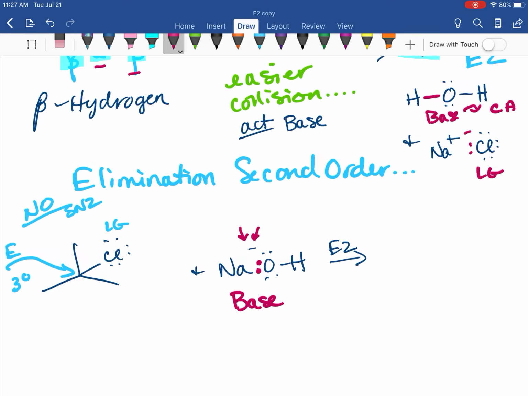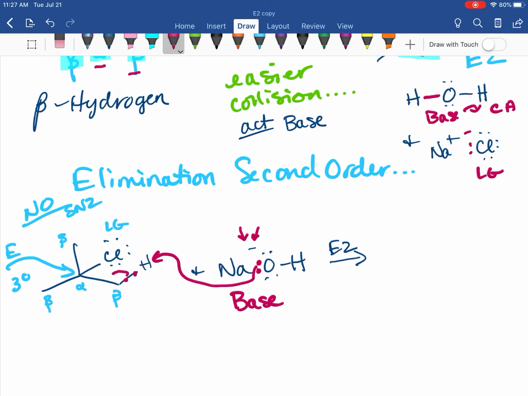So what do I do next? I have to find beta hydrogens. And I'm going to mark this right away as a base, not a nucleophile. So if my electrophile is this carbon, that's alpha. This is alpha. That means all of these next door neighbors are beta.